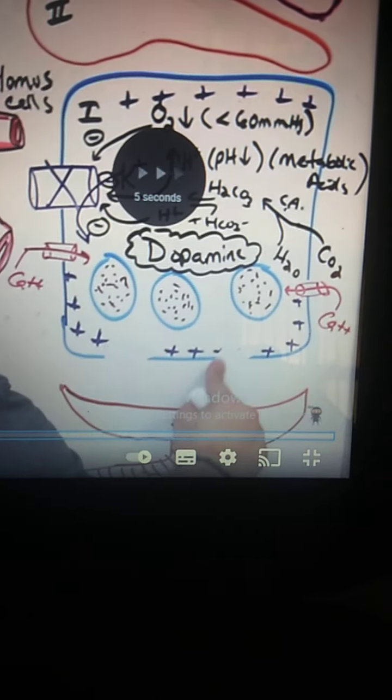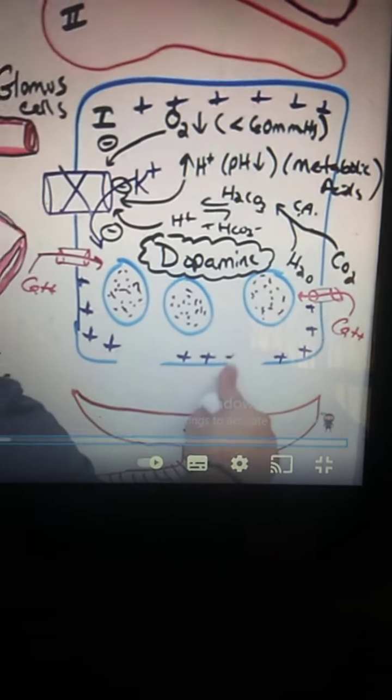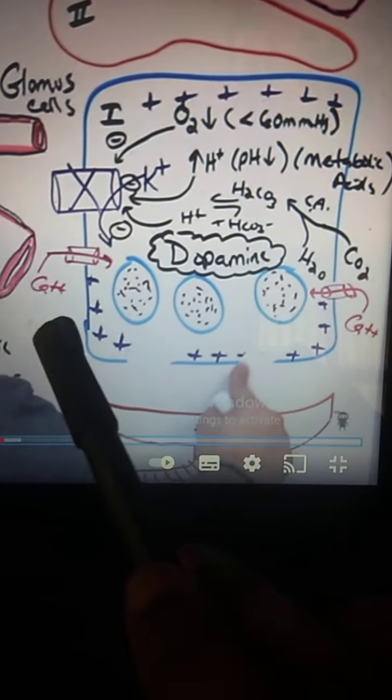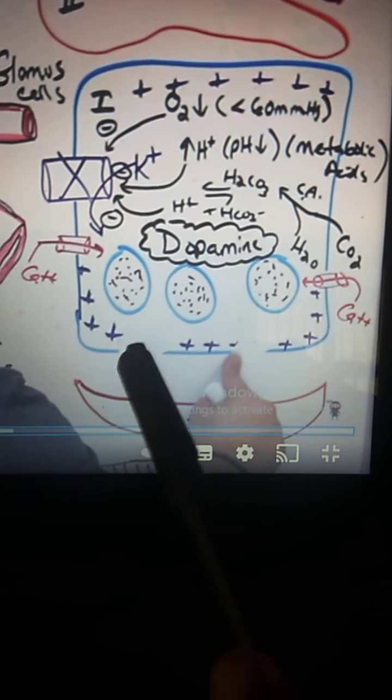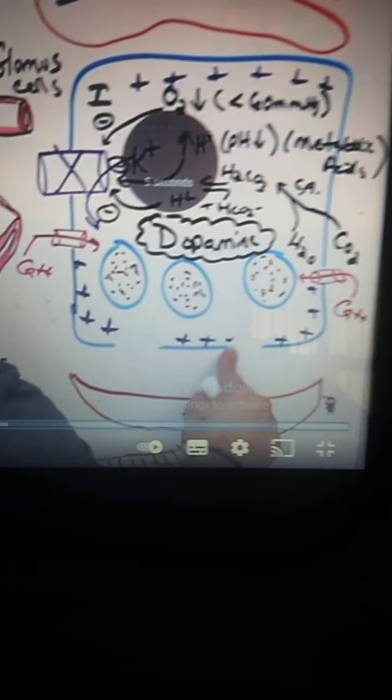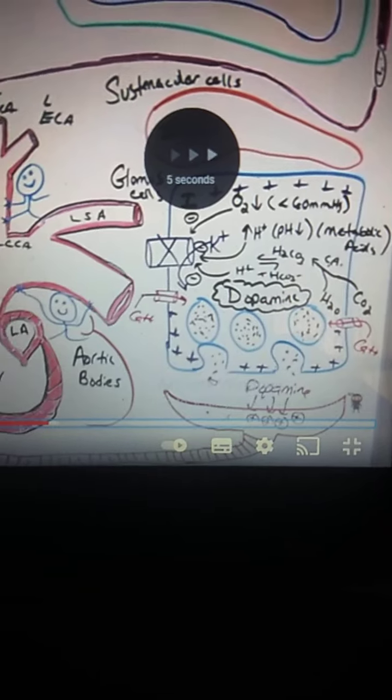Now how does this dopamine release? There are calcium channels. These calcium channels will start entering here and the dopamine will release. This dopamine is an excitatory neurotransmitter. Now the carotid body and aortic bodies are connected to particular neurons. The carotid body is connected to the 9th nerve and the aortic body is connected to the 10th nerve.